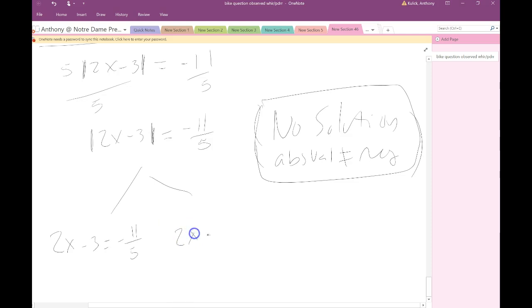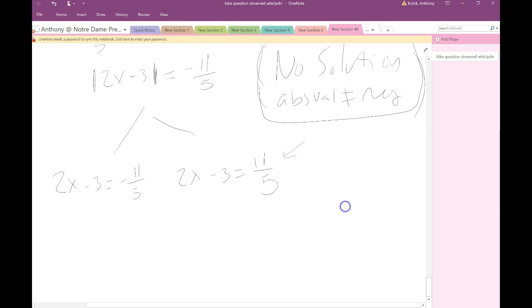But if you didn't notice that, that's okay. We can split and keep going. Remember that we negate the right-hand side over here. So negative of a negative is positive. And then we can just kind of keep going. So adding 3. So I'm going to make a common denominator right now. So 3 I'm just going to write as 15 over 5.